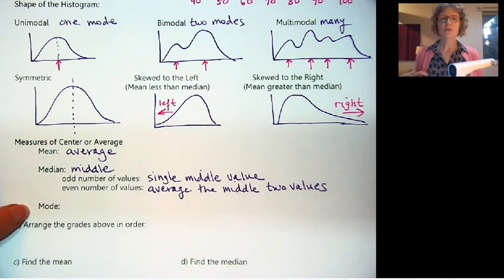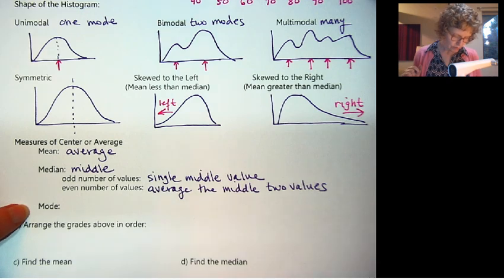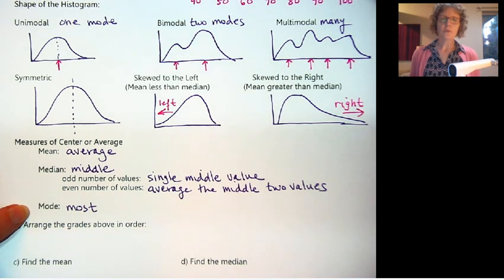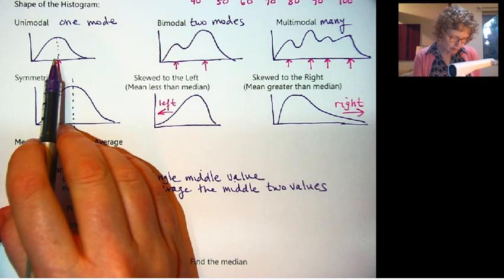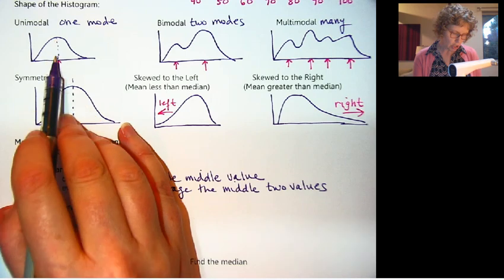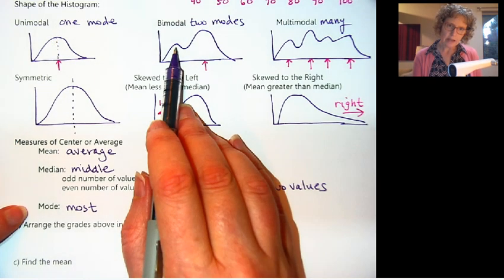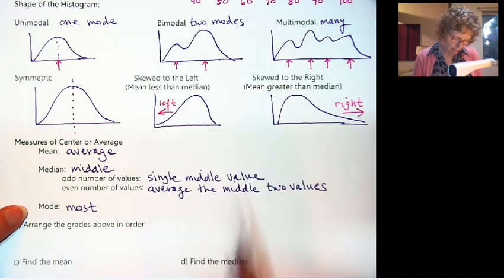Then the mode, you may be familiar with calling it the most, or that is the most. So I'll write that, but we need to expand that definition a little bit. The mode is really the location of the highest bar. So I'm going to also say the center of the highest bar, or the center of the peak.